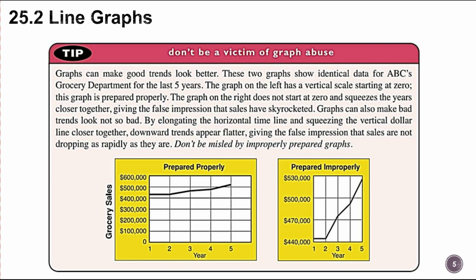So the way you label is super important. Sometimes graphs are made deliberately to look a certain way because somebody's trying to make a case for something, and they use the data in a way that is just kind of deceptive, and that's not really good.